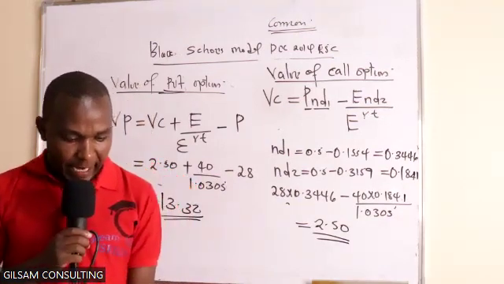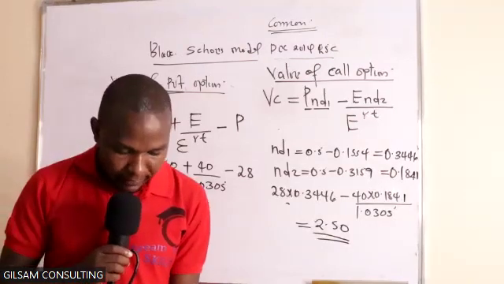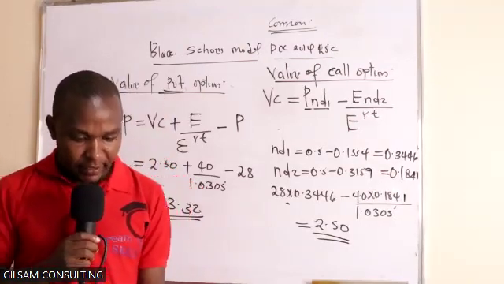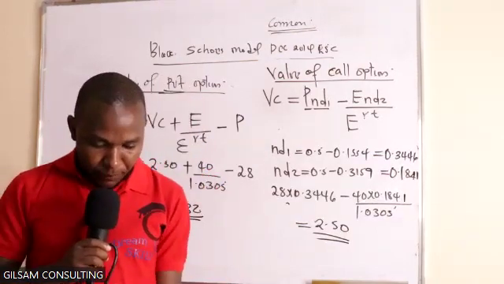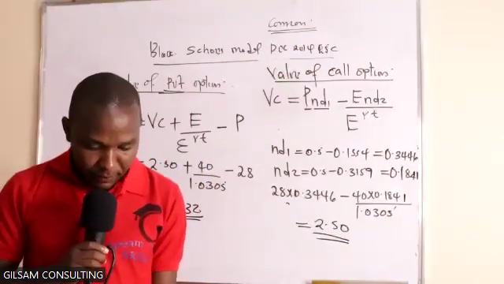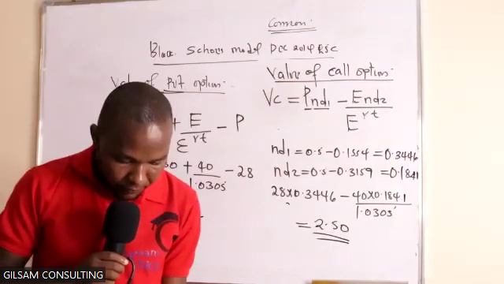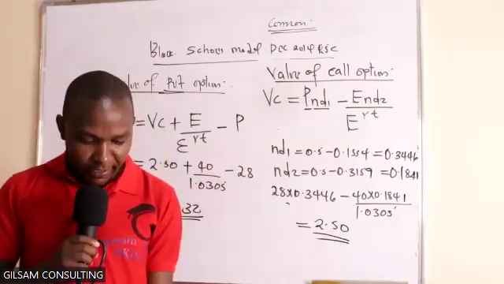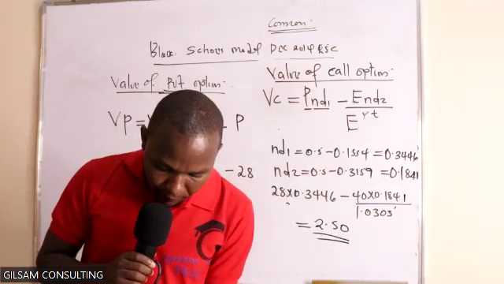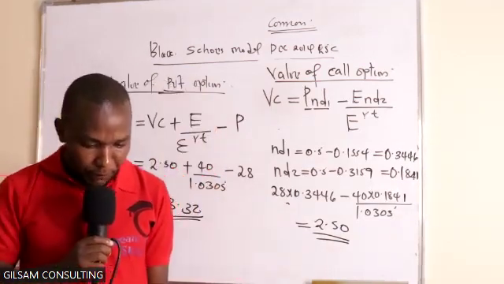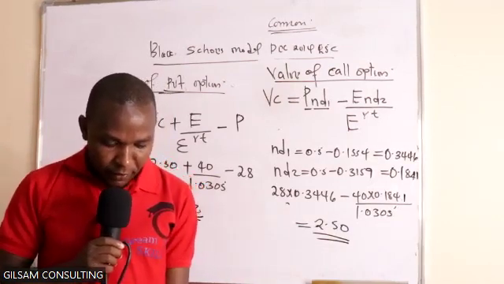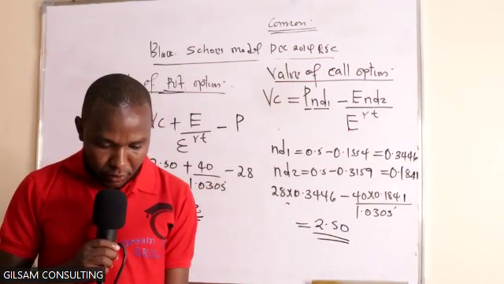Planet Limited has the option to abandon the project anytime in the next 5 years for 150 million. The variance in the present value of the cash flow is 0.09, and the 5 years risk-free rate is 7%. Number one, the net present value of the project using the option to abandon.